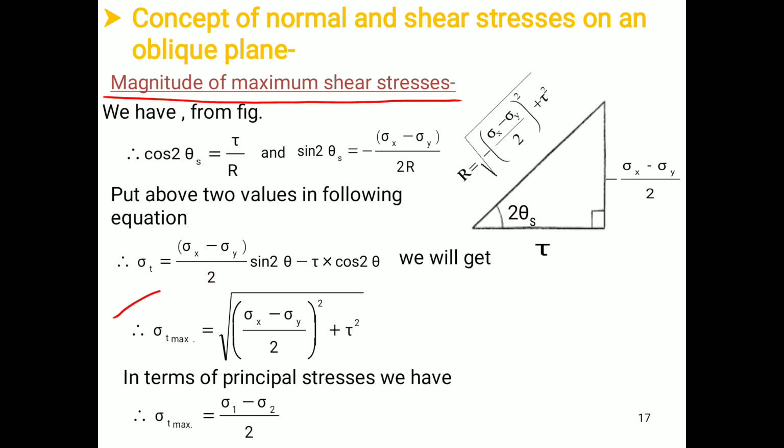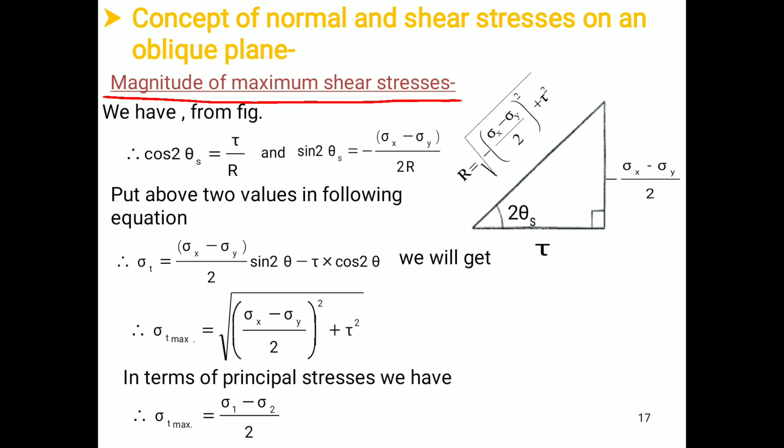Remember that this sigma t maximum is nothing but the maximum value of shear stress, and it is given by the square root of (sigma x minus sigma y by 2) whole square plus tau square. This is the maximum shear stress.